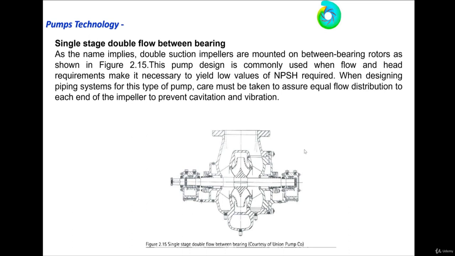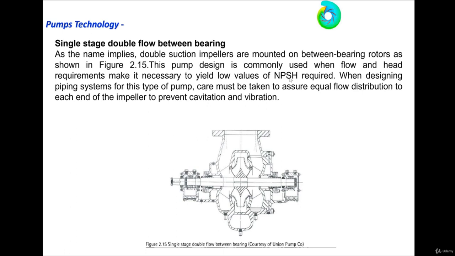The next type of pump is the single stage double flow between bearings. Single stage, yes, is one impeller stage, between bearings on the driven side and non-driven side. And double flow means the impeller is two impellers back to back. So the double suction impellers are mounted on the between-bearing rotor. This pump design is commonly used when the flow and head requirements make it necessary to yield low values of NPSH, pump NPSH.